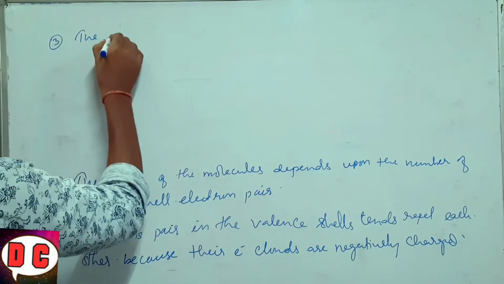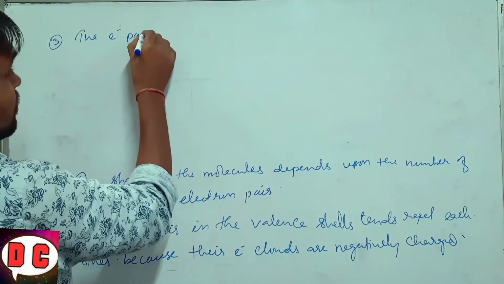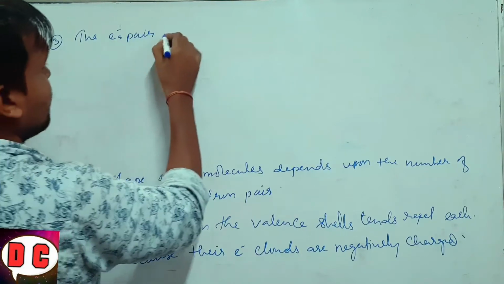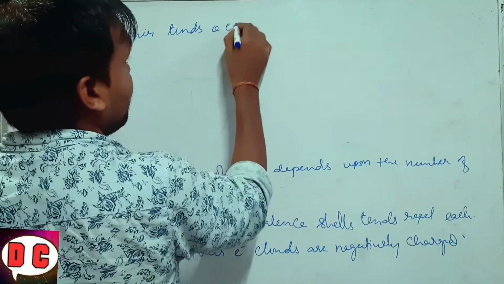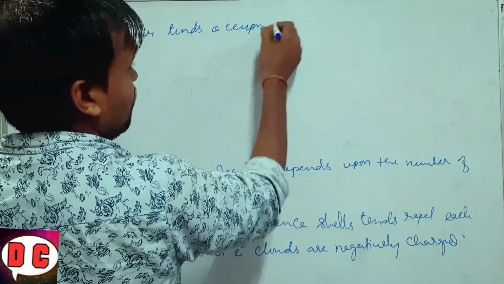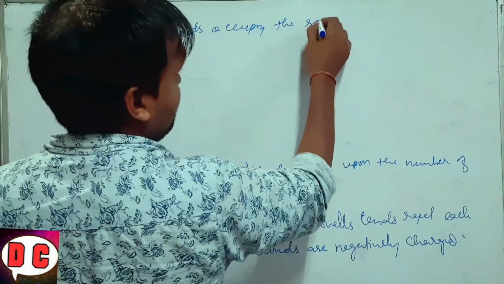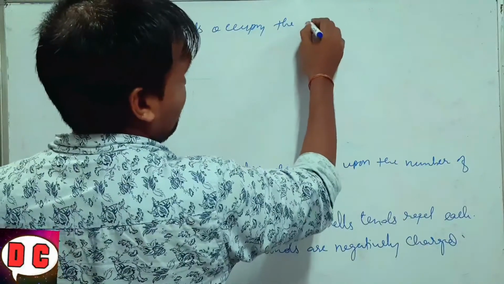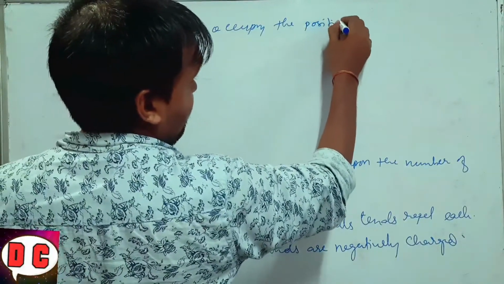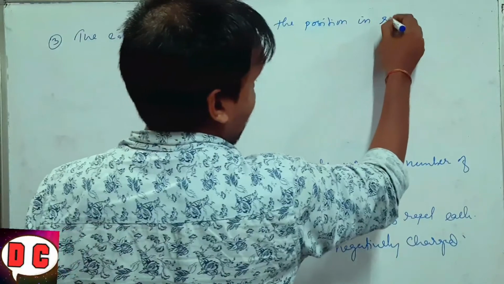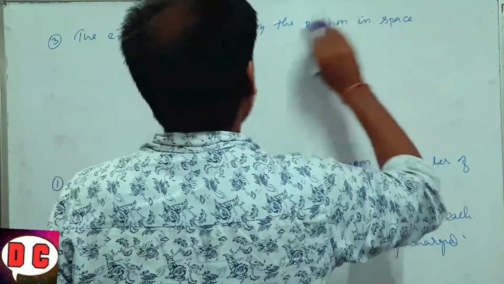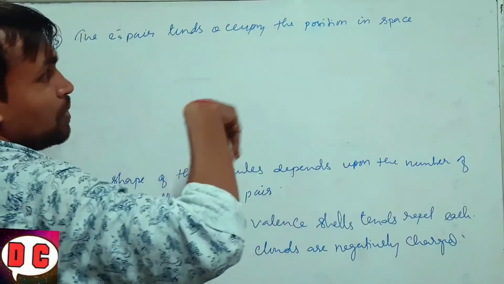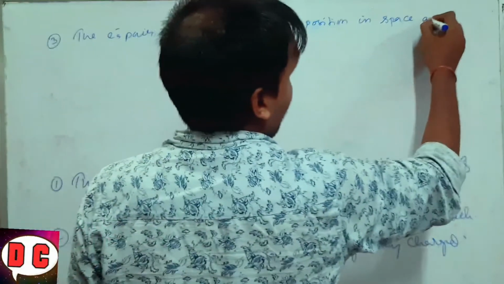The electron pairs tend to occupy the position in the space.